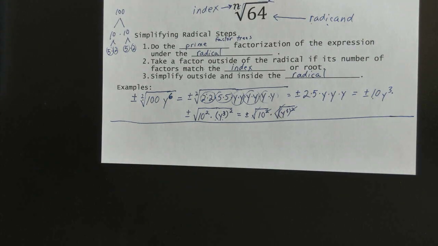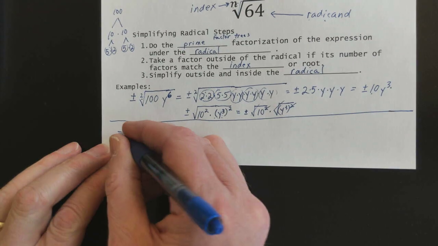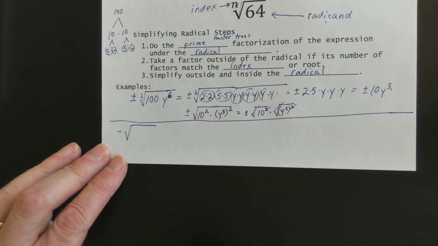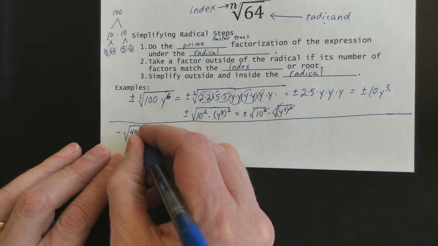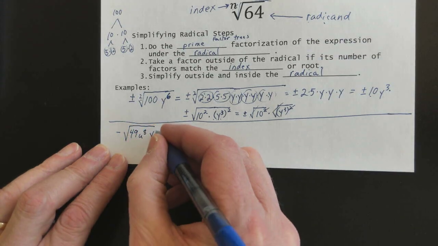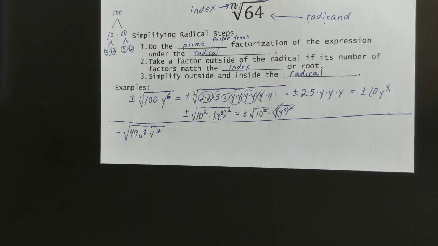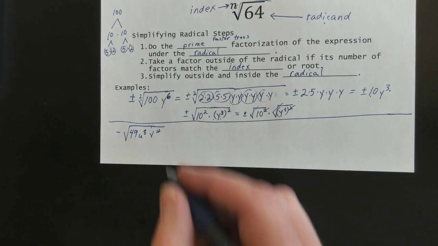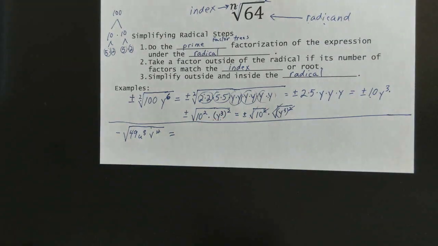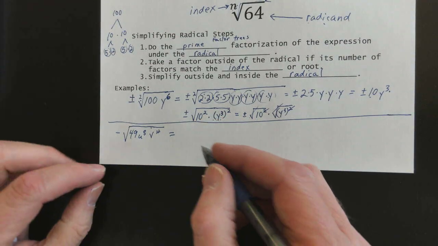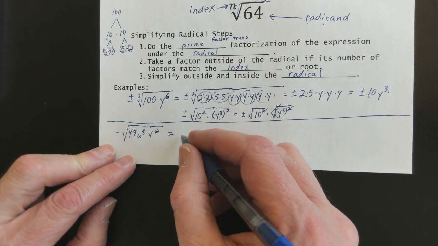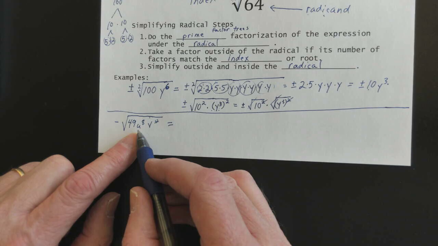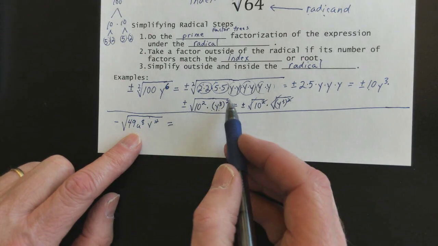All right, let's do another one. I have a negative, and then I have a radical, and I've got 49 u to the 8th v to the 12th. Do you really want to write out all those u's and all those v's like we did here?